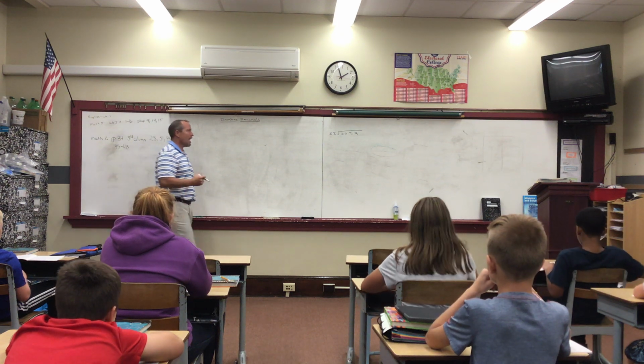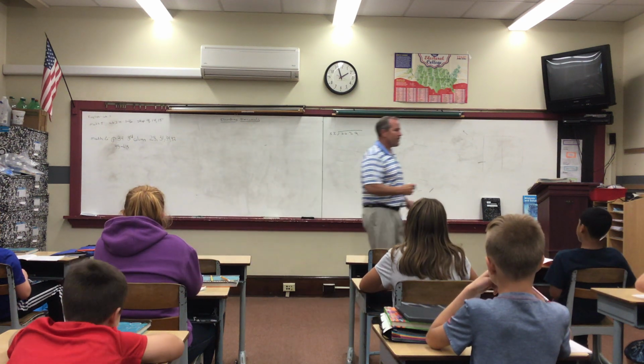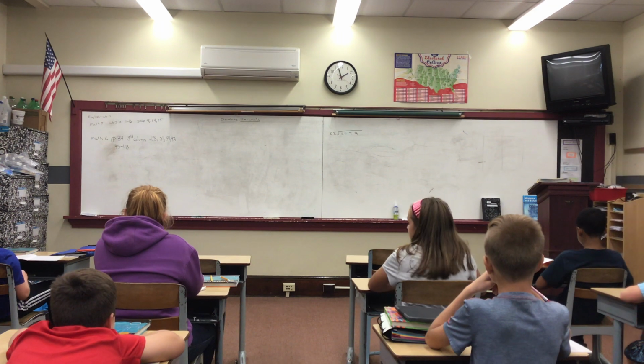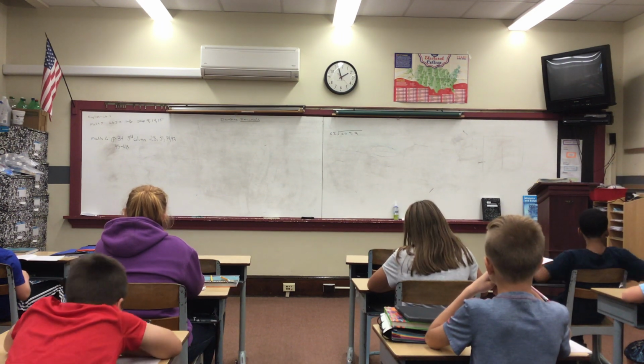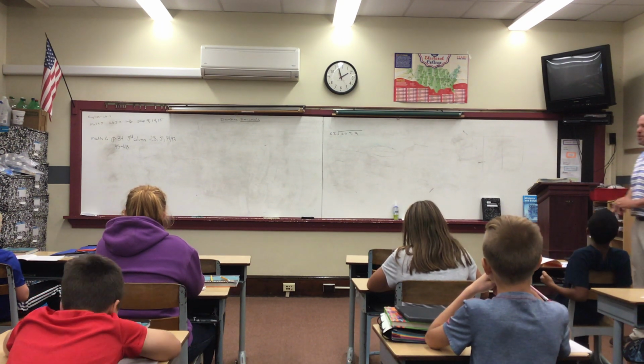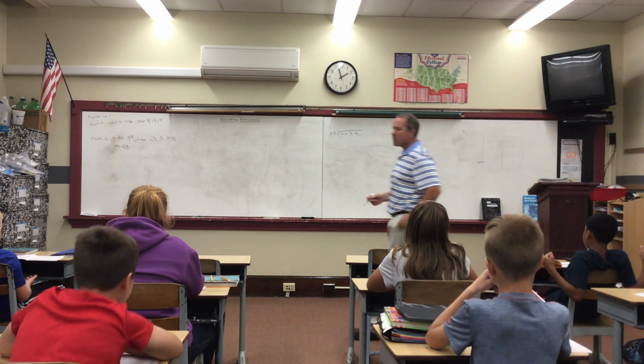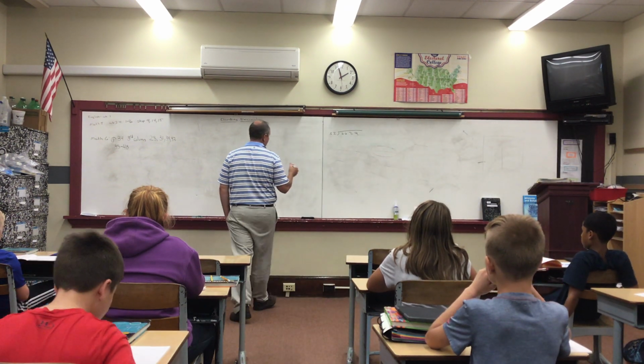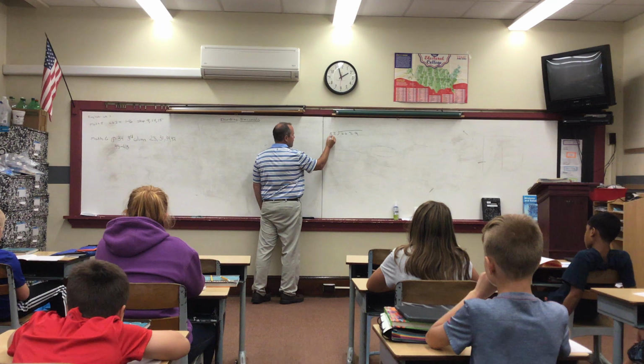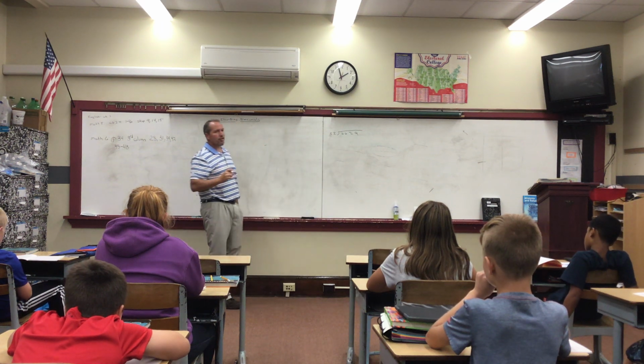The way I do division with two-digit divisors, I know some teachers will teach you to round the divisor. I don't do that. I just tell you to look at that first digit.